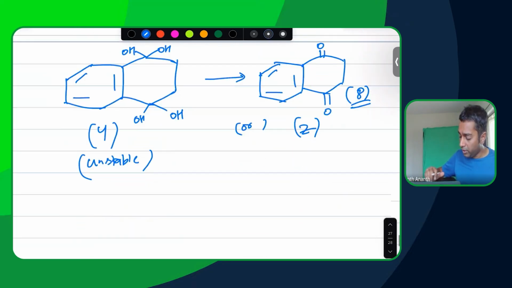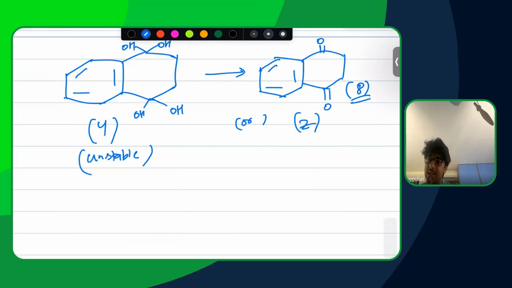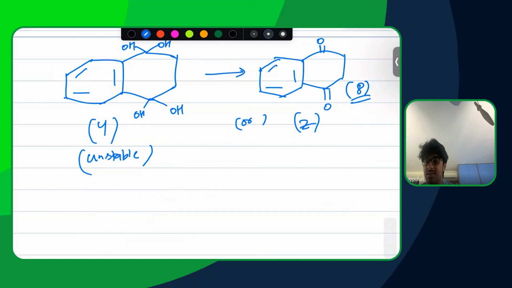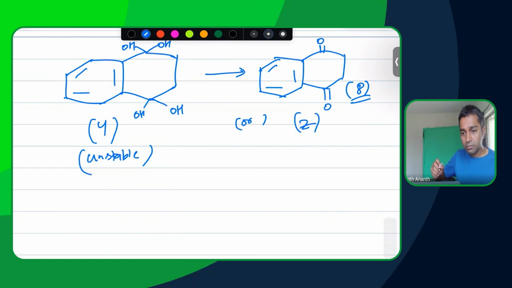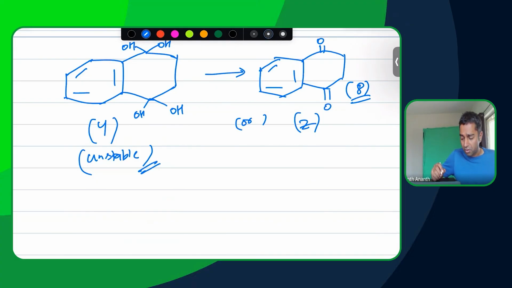What did you think about Y then? I also thought something like this, but I wasn't sure about Z, sir. What did you get as Y? This only. Okay. But what do you mean by you were not sure about Z then? Is a geminal diol stable?